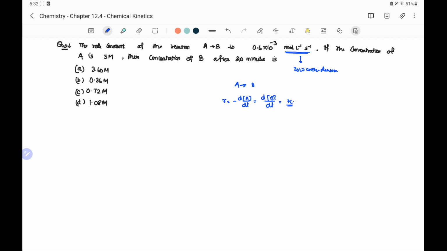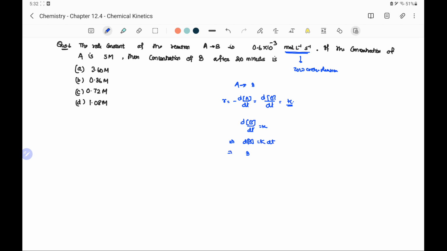If the concentration of A is 5 M, this is the molarity, then what is the concentration of B after 20 minutes? So using the expression for the product, dB by dt equal to K, this implies that dB equal to K dt.